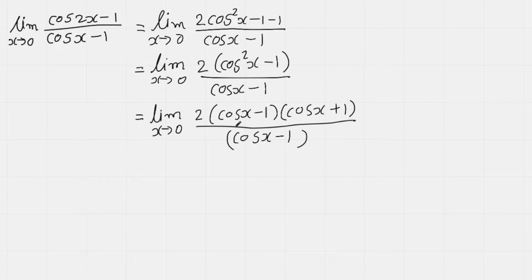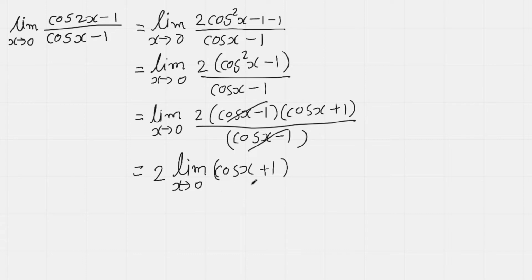Now you can see that we can cancel out the factor cos x minus 1 from the numerator and the denominator, and also we can take this constant 2 outside the limit. So this is 2 times limit x approaches 0 of cos x plus 1.